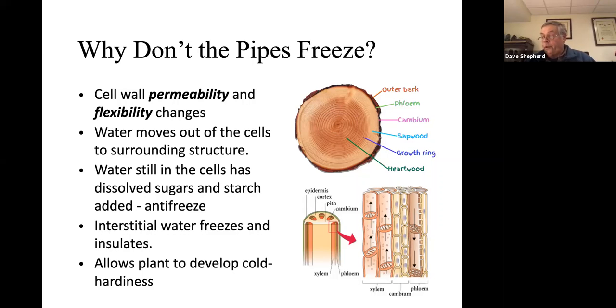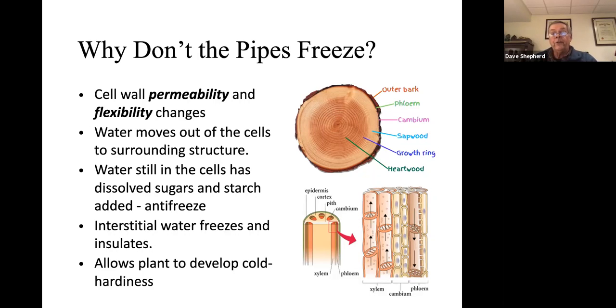So that water will freeze. The interstitial fluid will freeze first, and that ice jacket will provide an insulating layer. Now, that combined with the supercooled fluid that remains inside the cell gives you quite a bit of protection from freezing and from the cold.